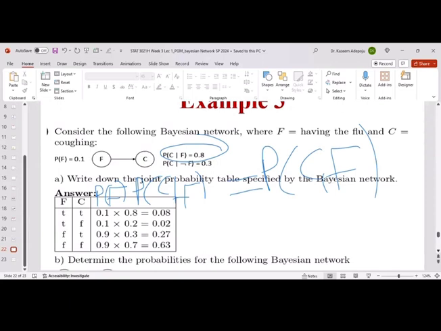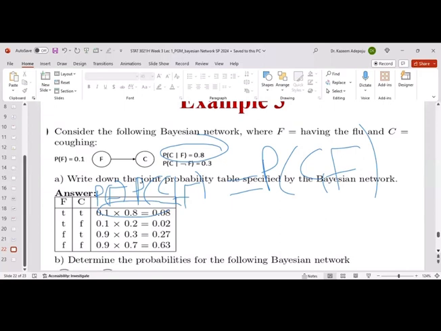Now, another possibility. I may have a flu, but I'm not coughing. In that situation, I'm going to take true for flu, which is still 0.1. But I'm not coughing. Please pay attention now. Where do I get the 0.2?